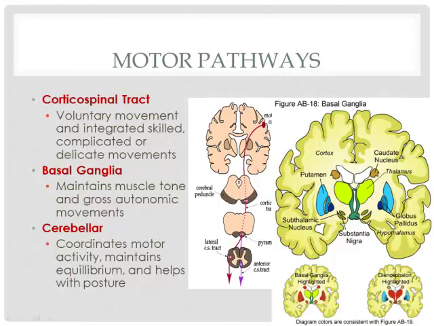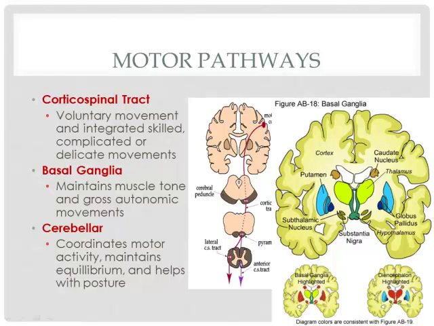This is counteracted because you also have an inhibitory effect on thalamic neurons coming from the basal ganglia. So our balance and some of our gross motor activities are really a balance between these direct and indirect pathways stemming from the basal ganglia.